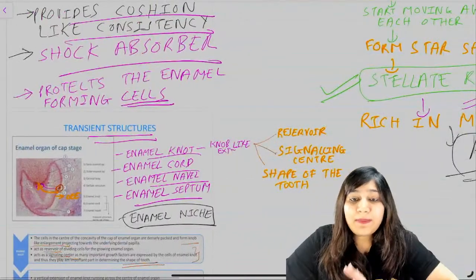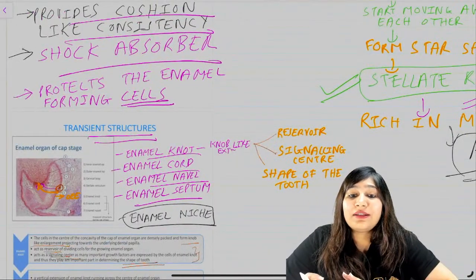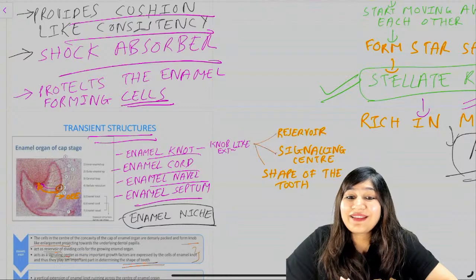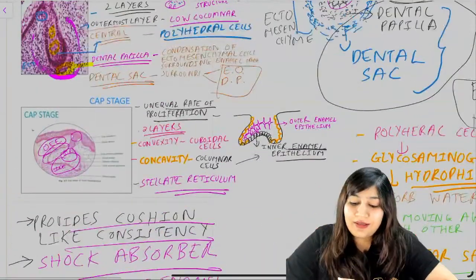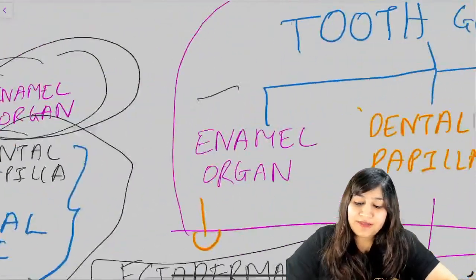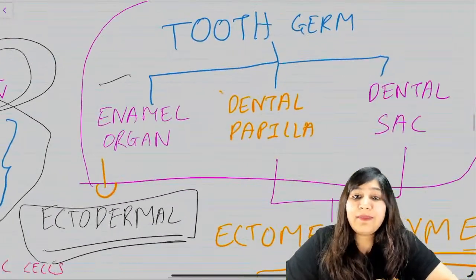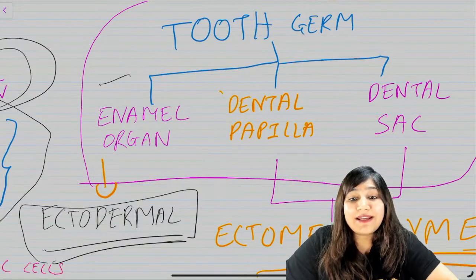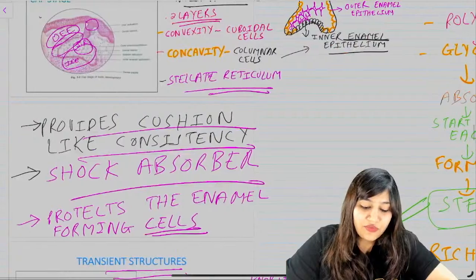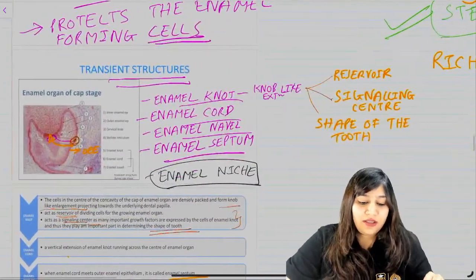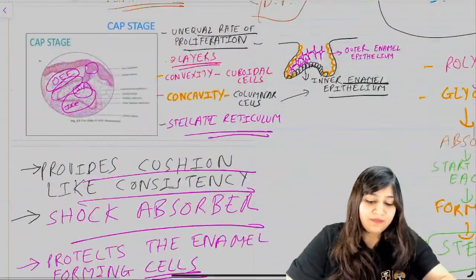And you should not be having any doubt regarding the structures forming the tooth germ. So tooth germ basically has three parts: enamel organ, dental papilla, and dental sac. Same way here also in the cap stage we can easily appreciate the dental papilla and dental sac.